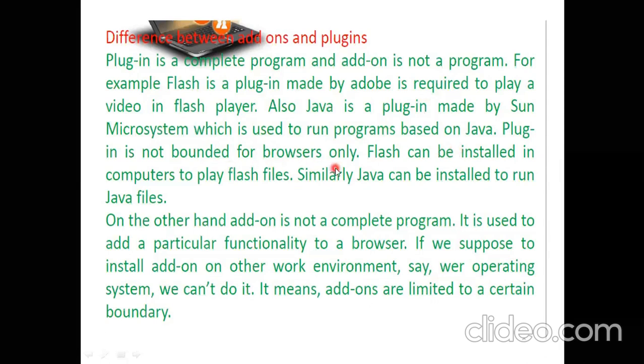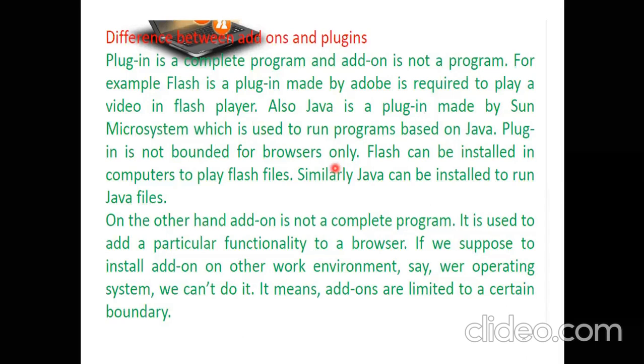Plugin is not bound to browsers only. Second important point to notice: first, a plugin is a complete program, whereas an add-on is only part of the code. The second difference is that a plugin is not bound to browsers only. That means it will not be different for different browsers, but add-ons are bound to the browser.